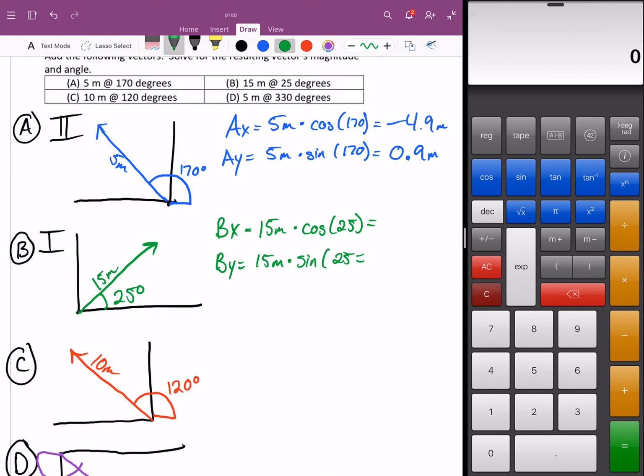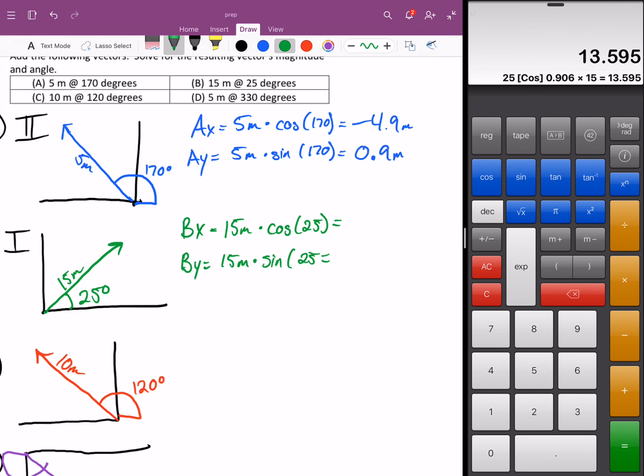Refer back to the calculator. 25 cosine times 15 meters is 13.6 meters. 25 sine times 15 meters is 6.3 meters.